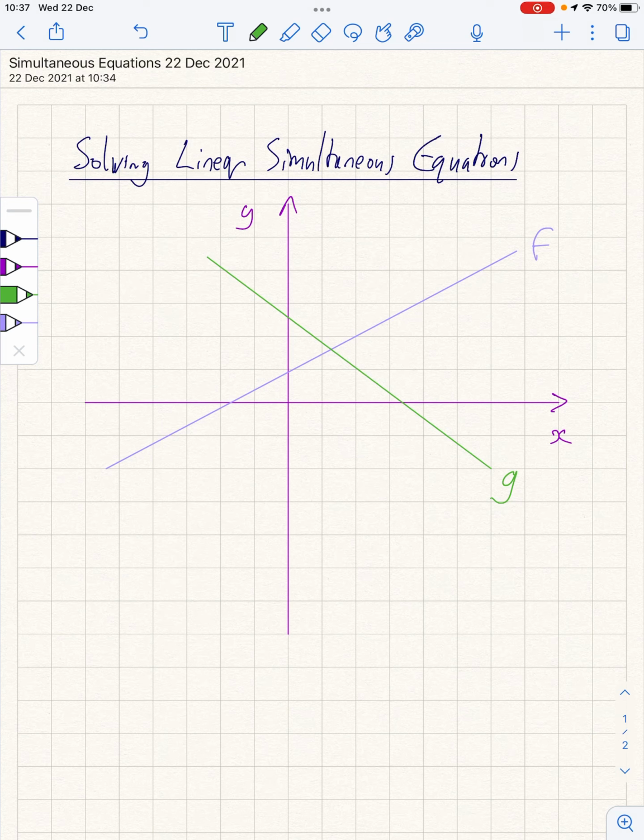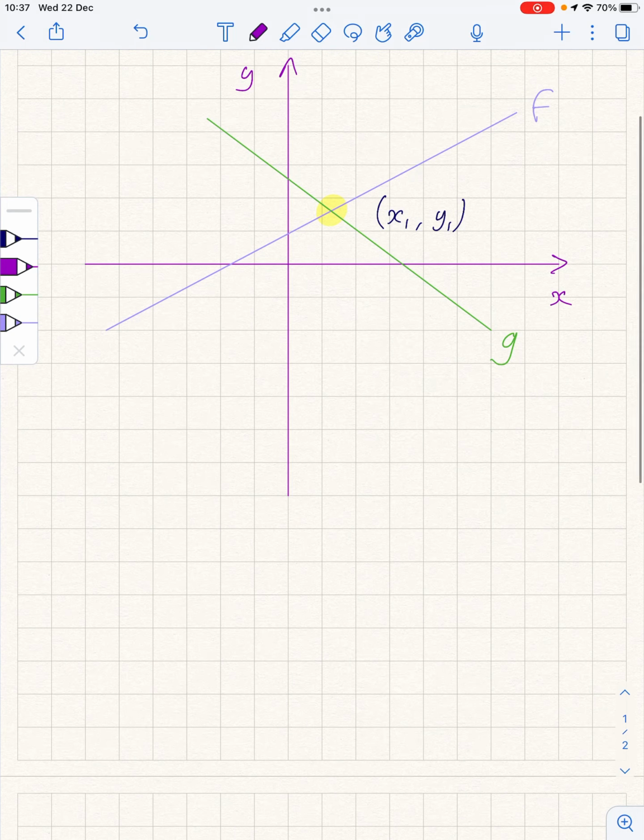The solution is the coordinate point where they intersect, as that's the solution we're looking at. And you can plot them, and that'll give you a graphical solution. Now we're going to look at the algebraic methods in this short video.